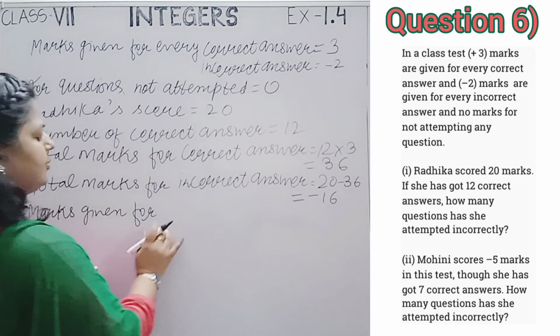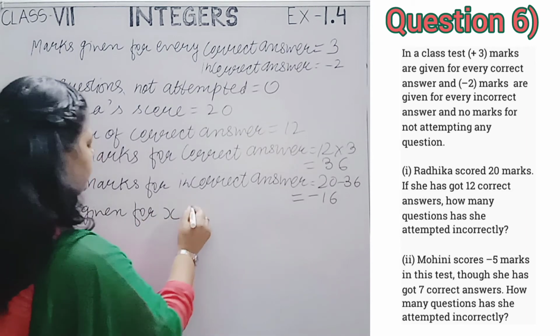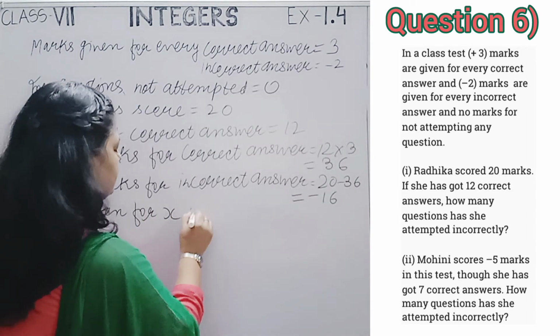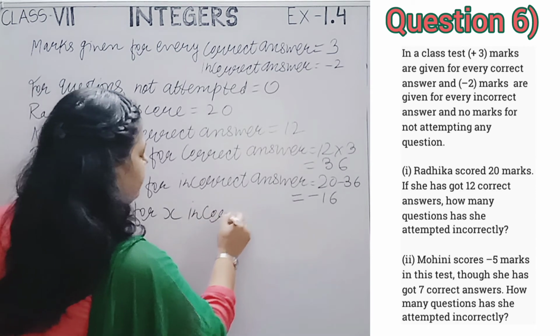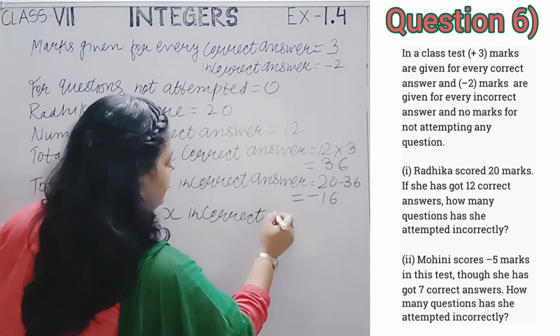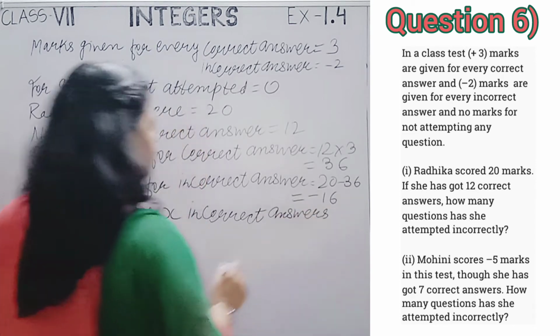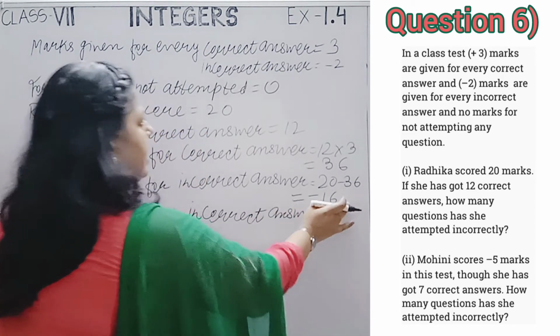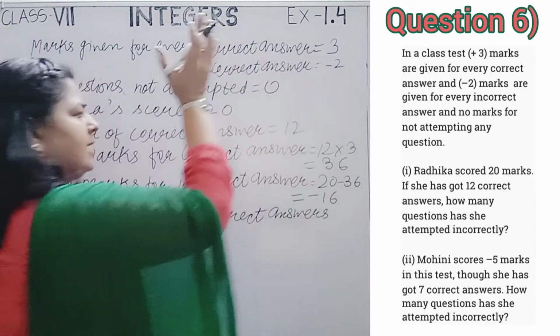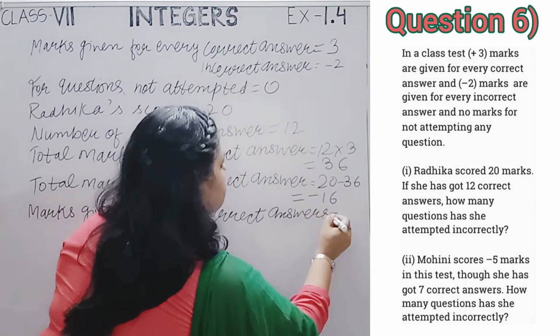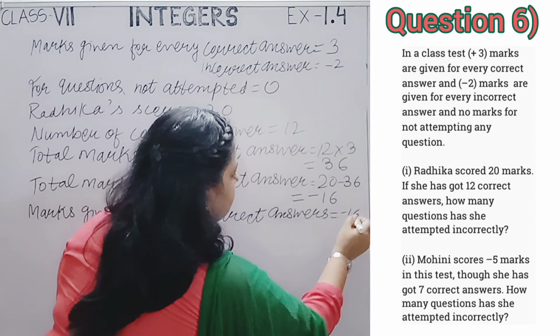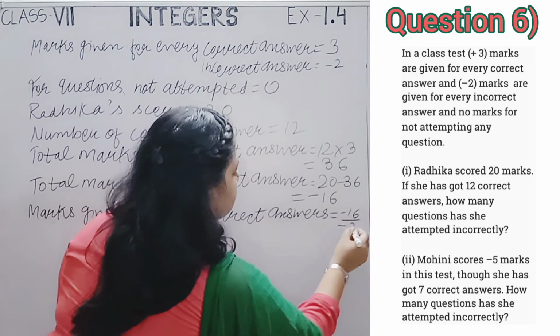So marks given for x incorrect questions, minus 16, and minus 2 for every wrong answer, which is minus 16 divided by minus 2.